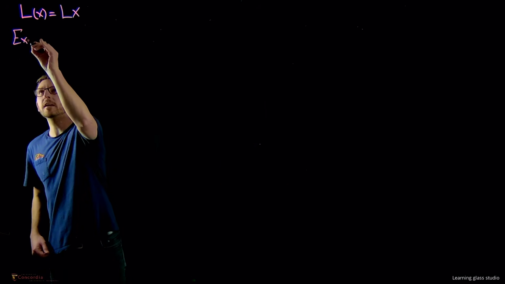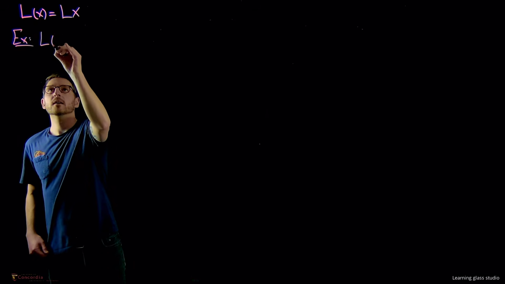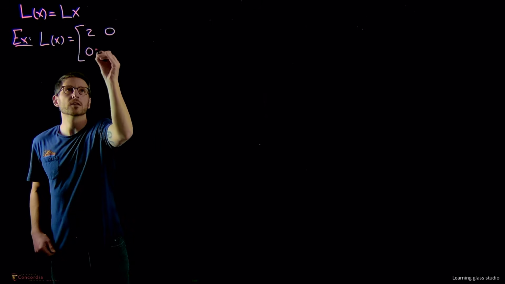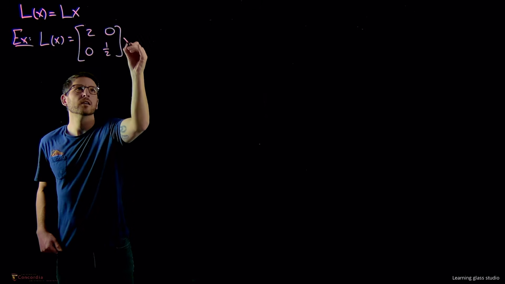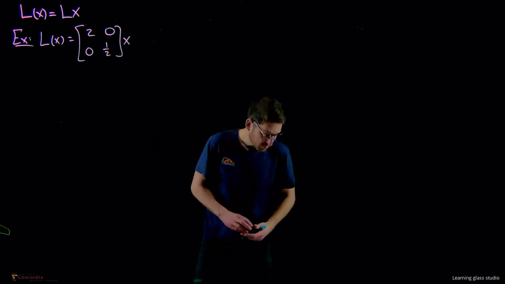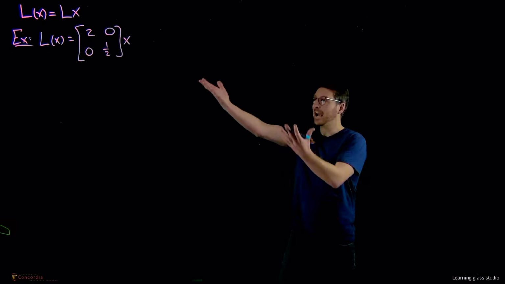Here's my example. Really simple, okay? L of x is the matrix [2, 0; 0, 1/2] times x. And here x is a two-dimensional vector. Well, we can think about what happens here, right? This thing diagonalizes.